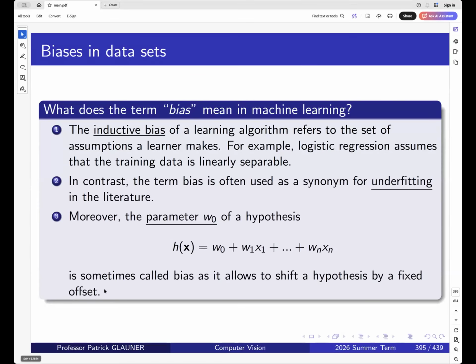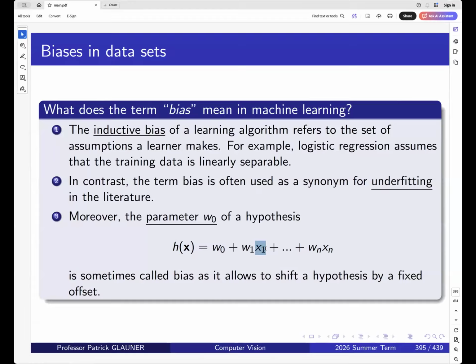And then another thing that is sometimes called a bias is if you have a hypothesis like this one here, h, where we have an input, a vector x, and we generate an output from that.